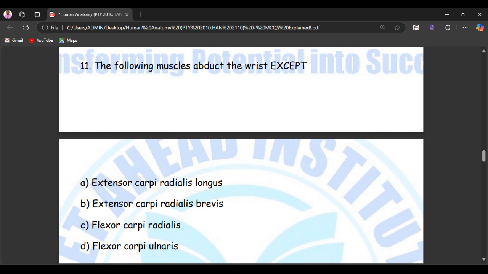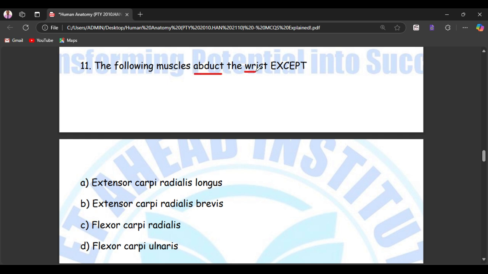Question number 11 is about the following muscles abduct the wrist except. This has to do with abduction of the wrist.